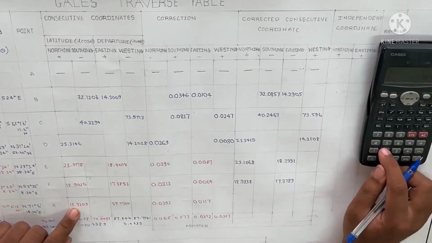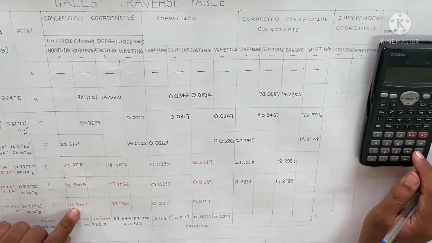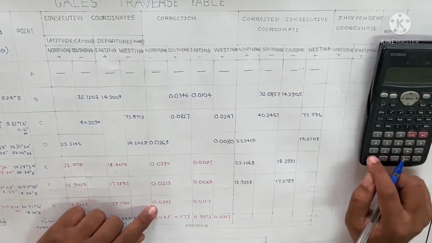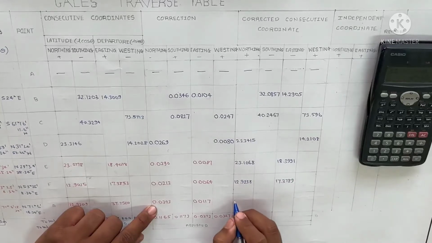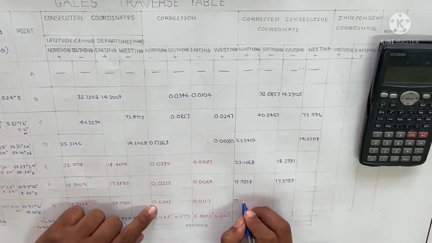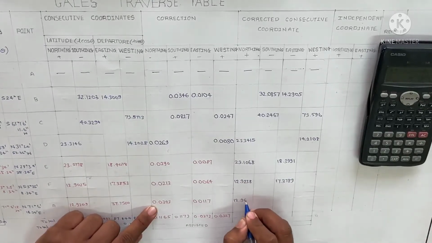Last, 12.9209 plus 0.0393, which is coming out to be 12.9602.